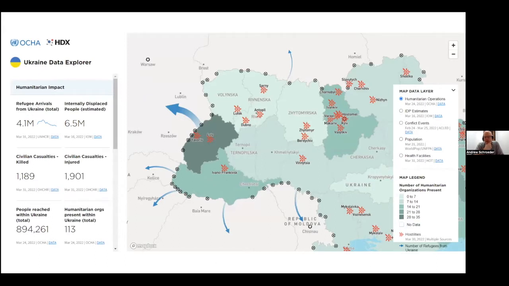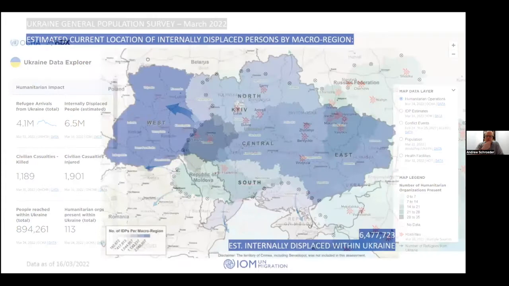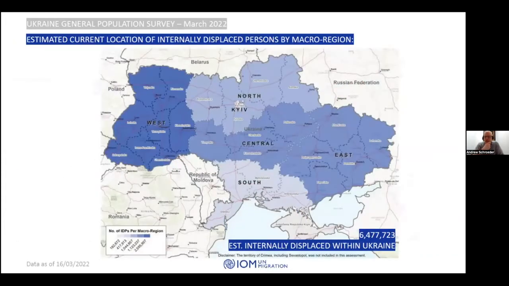There have been 4.1 million international refugees, according to UNHCR, and the current estimate from IOM is right around 6.5 million internally displaced as well. So this is nearly a quarter of the total population of Ukraine from prior to the war. So this is a long-term mobility and displacement crisis.